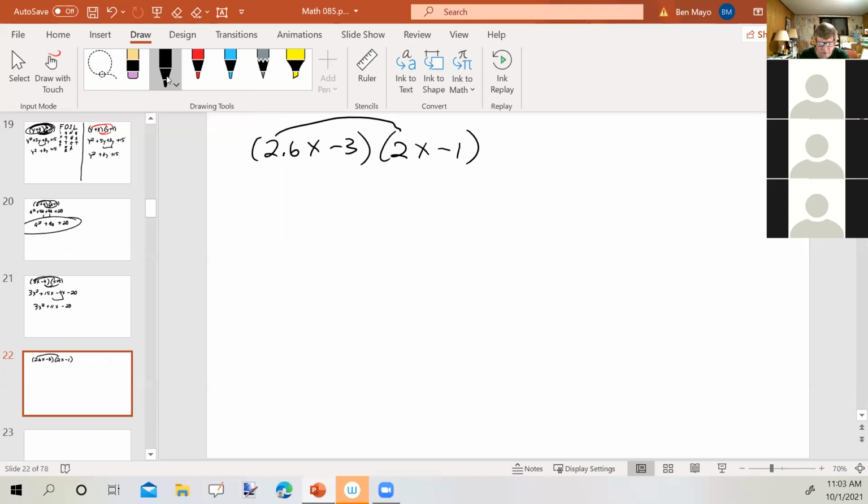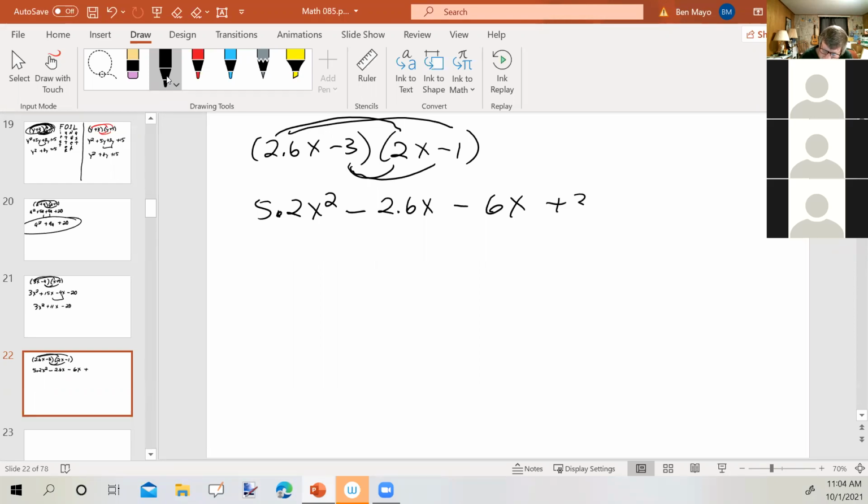Well, 2 times 2.6 would be what? 5.2. And then x times x, x squared. 2.6x times minus 1 would be minus 2.6x. Minus 3 times 2x is minus 6x. And minus 3 times minus 1 is plus 3. Combining like terms, 5.2x squared minus 8.6x plus 3.